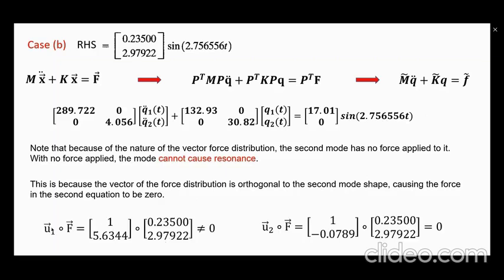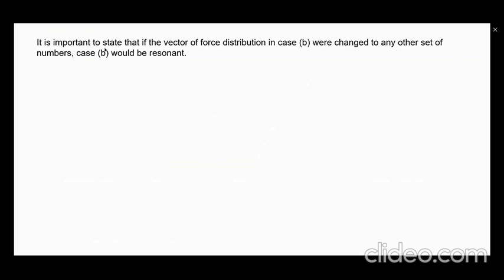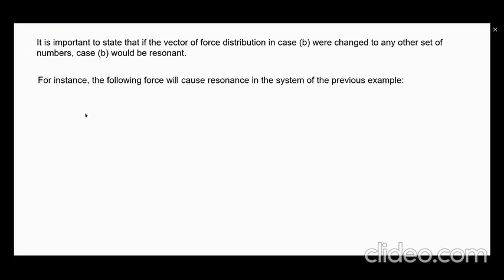So here we are. If you look at the first column of that matrix, dotted with f, this is not 0. But if you take u2, this was the second column of P, dotted with this is 0. And that is why this will not lead to resonance. Now, it is important to state that if the vector of force distribution was anything else, so that that guy would not be 0, you would have a problem.